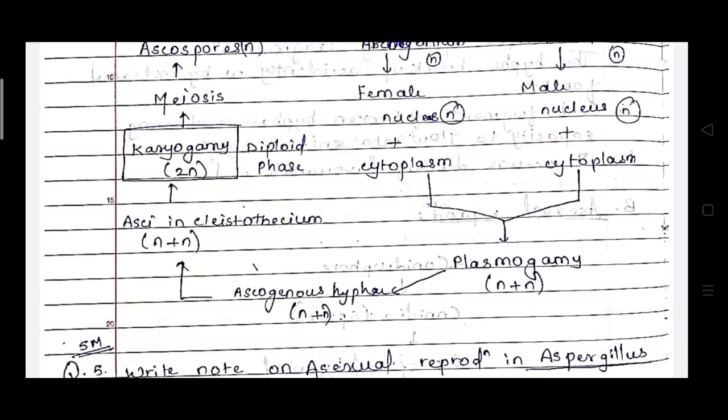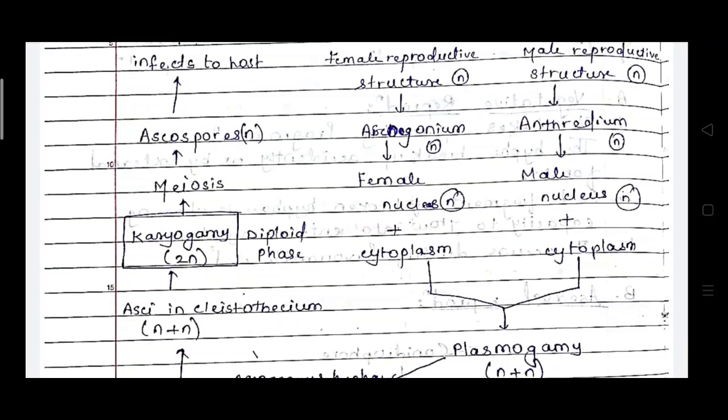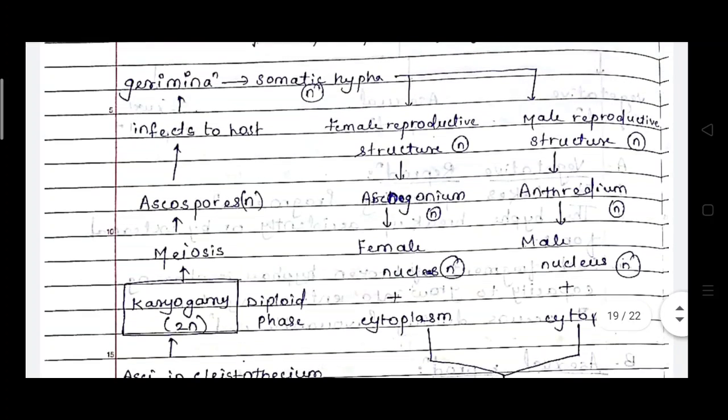In asci, karyogamy takes place. Karyogamy means the union of male as well as female nucleus, and this is the diploid phase. After the karyogamy, they undergo reduction, that means meiosis, and after the meiosis they produce the ascospores.